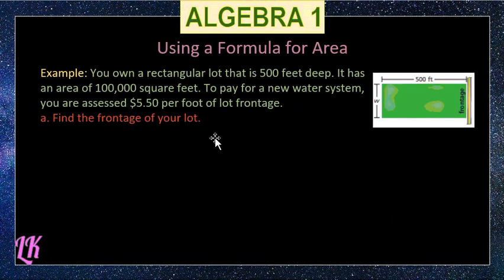For the second example, you own a rectangular lot that is 500 feet deep. In this given figure, that measurement is actually the length of the rectangular figure. It has an area of 100,000 square feet.